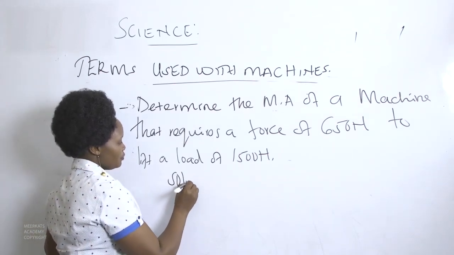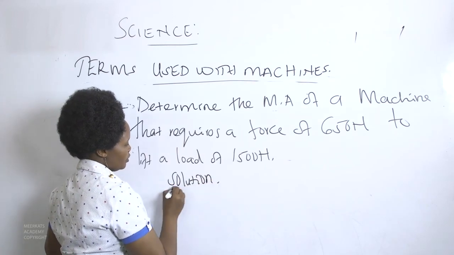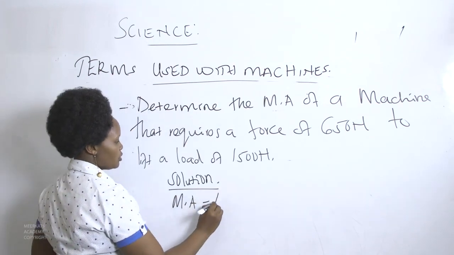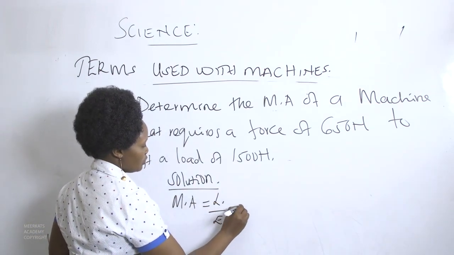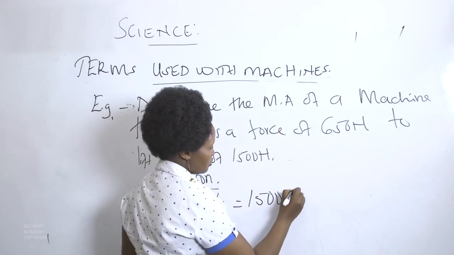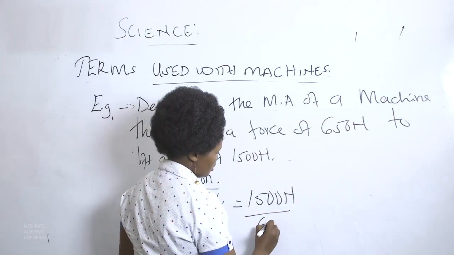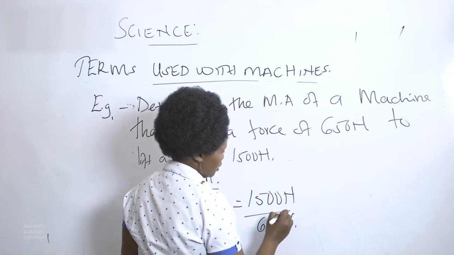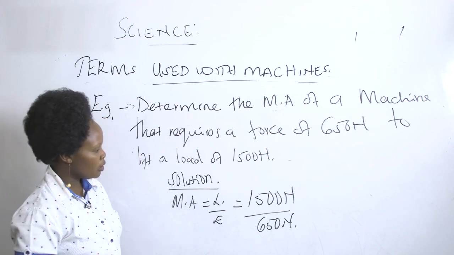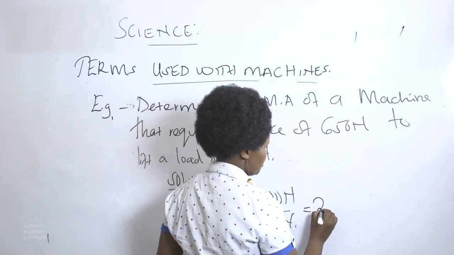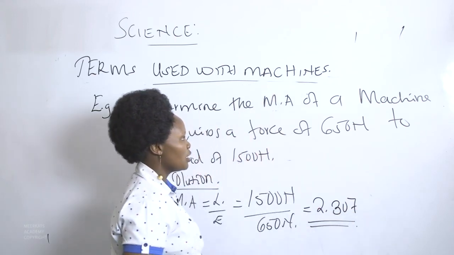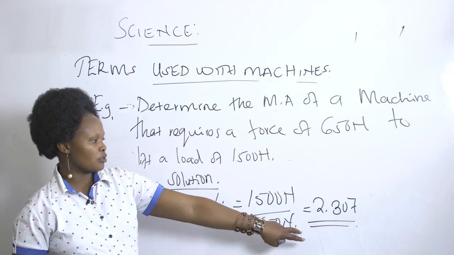And again, we remember that from our formula, mechanical advantage is given by load over effort, which in our case is going to be 1500 newtons divided by 650 newtons. And this is going to give you 2.307 as the value of mechanical advantage.